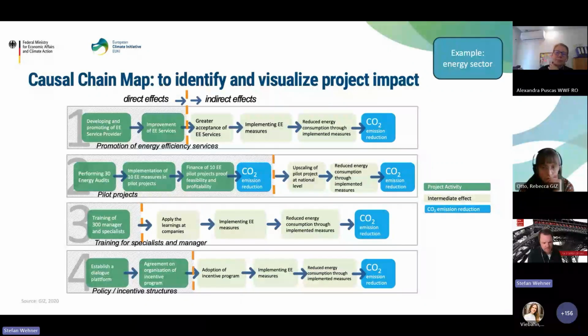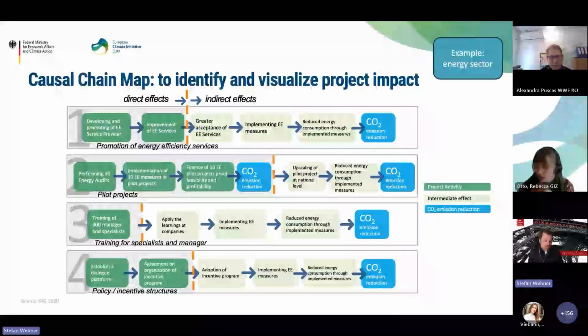The final stream here relates to policy and incentive structures. For example, if you're working on enhancing policy frameworks, or the implementation or formulation of them.